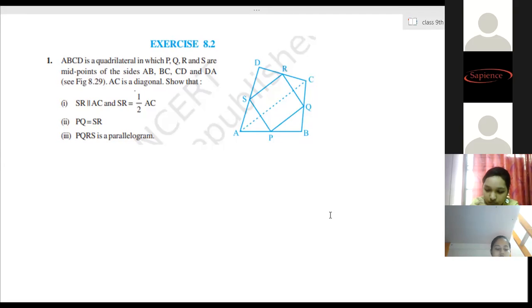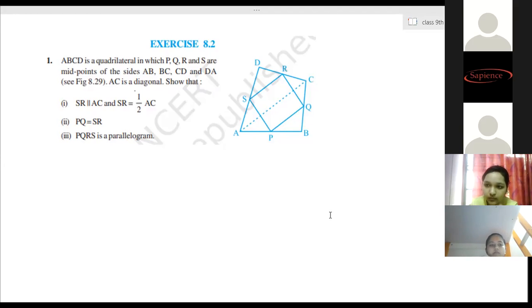It's a triangle ABC, and D is the midpoint of AB, and the line is drawn parallel to AC, and it touches line BC at point E, then E bisects BC. Okay, fine. Ankita, understood?